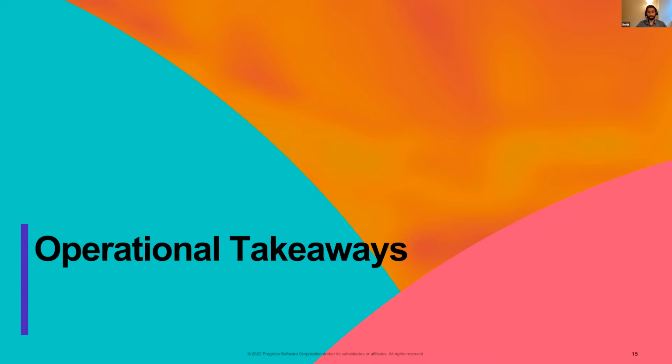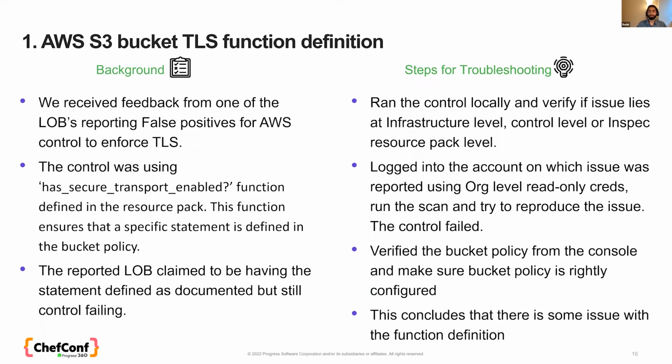So let's get into the first one, which is related to the AWS S3 bucket, where we received feedback from one of our lines of businesses reporting possible false positives.